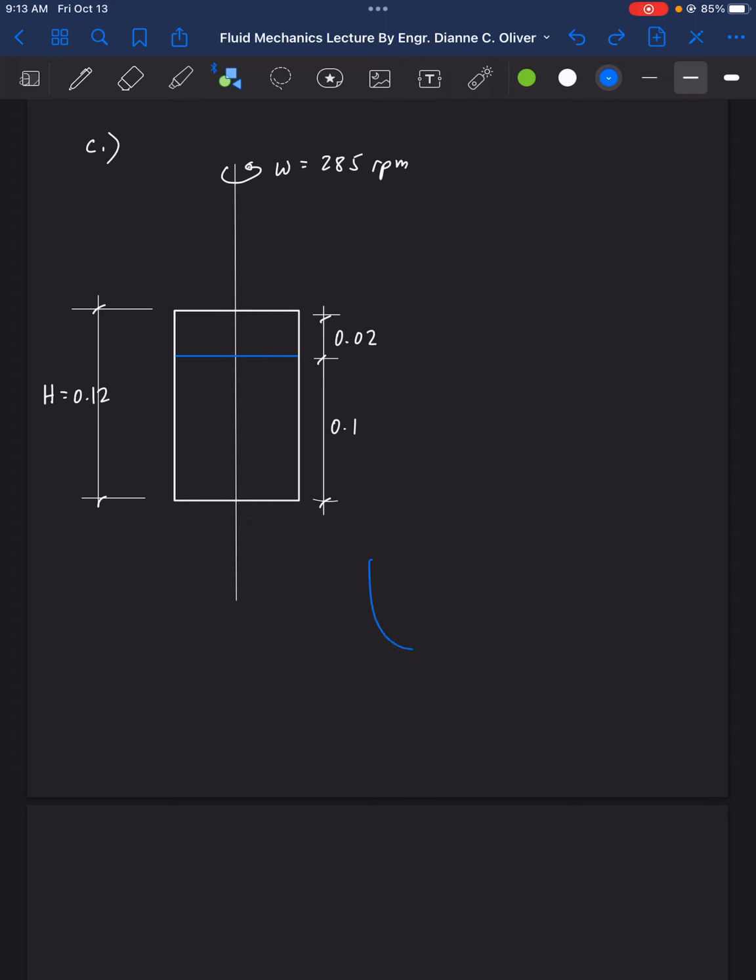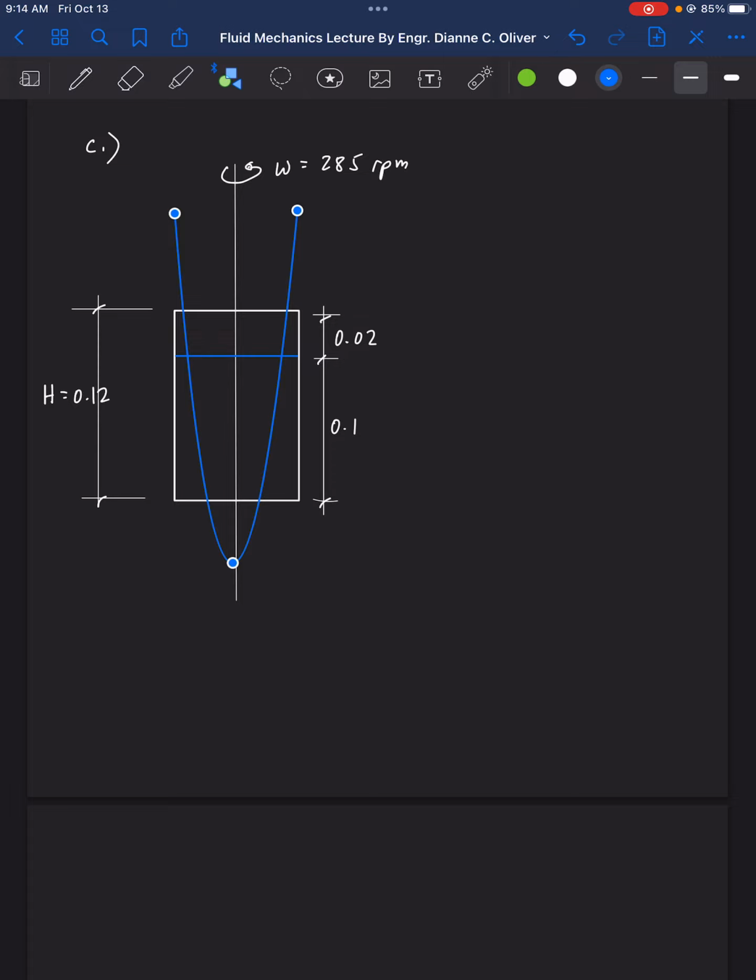for the parabola. Okay, so why is it that we are drawing it this way? Because 285 is greater than 253, the one we solved a while ago.